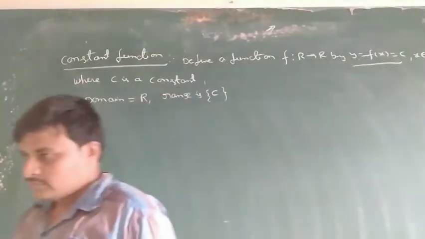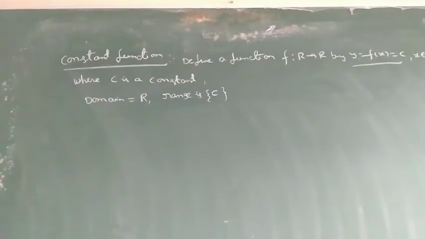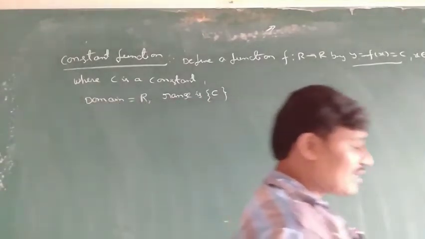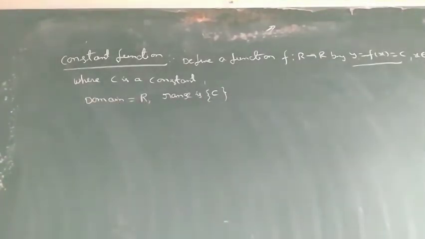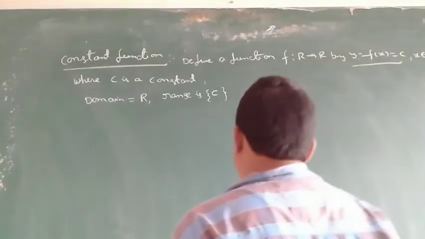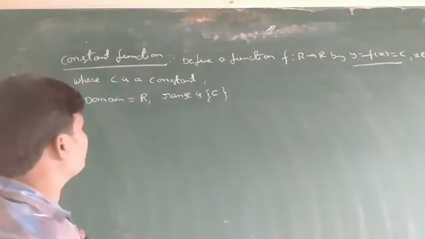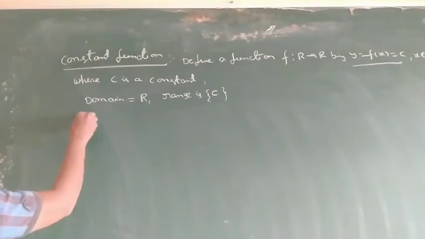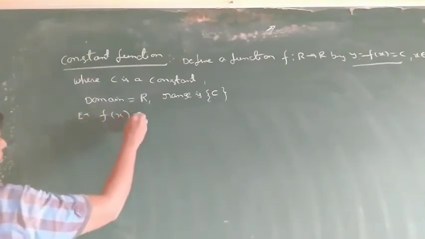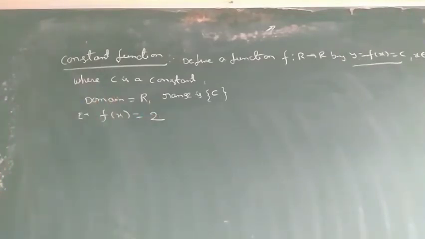So now the graph. First the table. F of x is equal to c, where c belongs to R. So what is c? 1 or 2 or 3 or 4? You don't know the c value. So for example, f of x is equal to the constant 2.